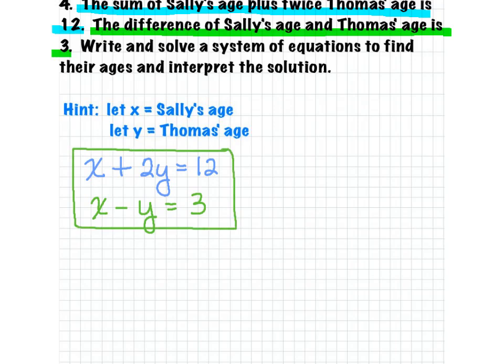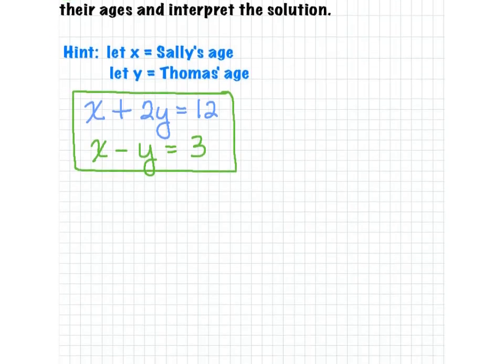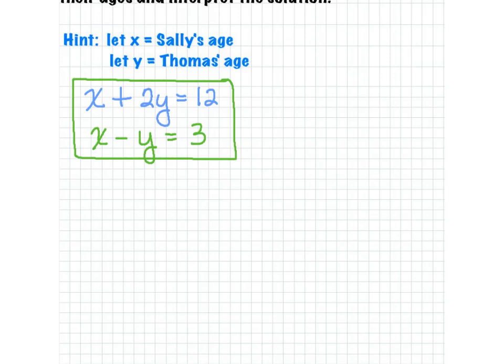Okay, let's go ahead and find the solution by graphing. I need to find m equals and b equals. So the first thing I'm going to do is take this equation and get it into y equals mx plus b.